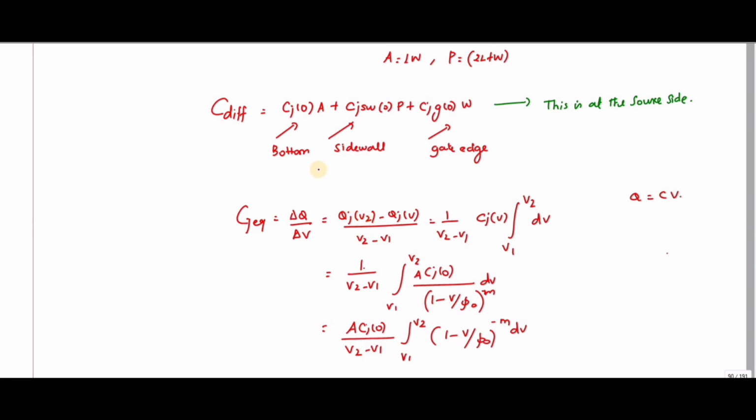So this I can write as Cj of 0 into length into width, plus Cj of sidewall capacitance into (2L plus width), and this is due to the gate edge on the source side.